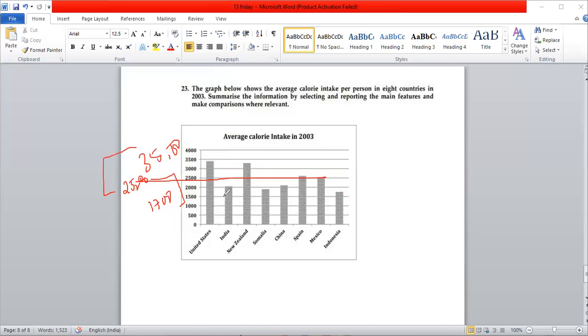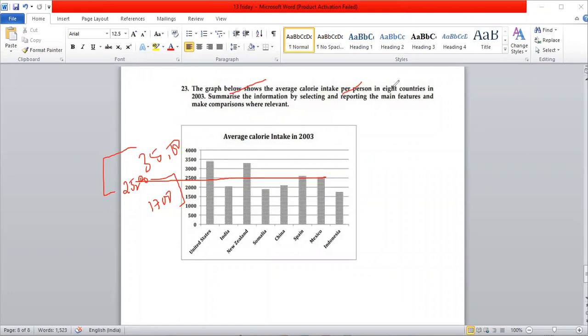I have to frame a clear-cut introduction in the beginning. It should say what exactly the picture is. It's a bar graph. It shows the average calorie intake per person in 8 countries in 2003.